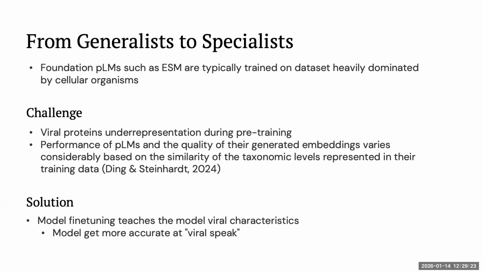The solution, typically with machine learning, is that these foundation models are fine-tuned. When you have a generalist doctor, you can fine-tune into a cardiologist or an endocrinologist or whatever it is. We can do the same thing, and in so doing tweak it to better understand the viral characteristics, or the viral speak in general. And so that was the next step, and we did that.